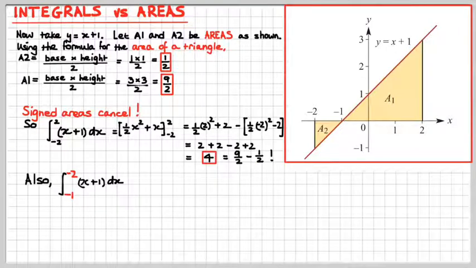That's really good. Now, also, let's have a look at this now, just to really ram the point home for you, and so that you get it really clearly. We're going from minus 1 to minus 2. Now, in that instance, I'm going to do this little bit here, this A2 bit, but I'm doing the integral from minus 1 to minus 2. Now, that's a negative width.